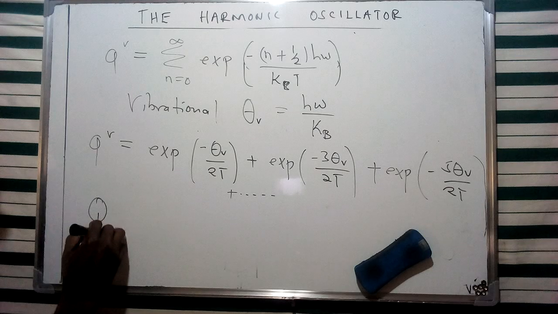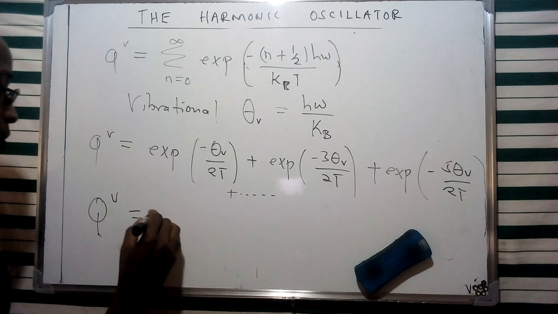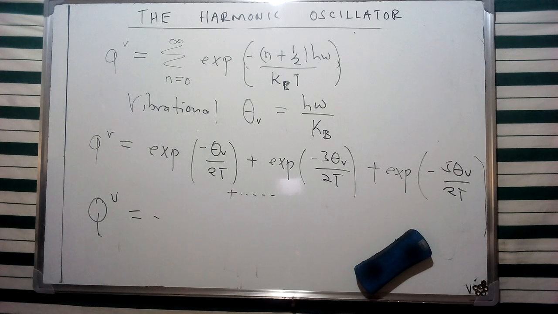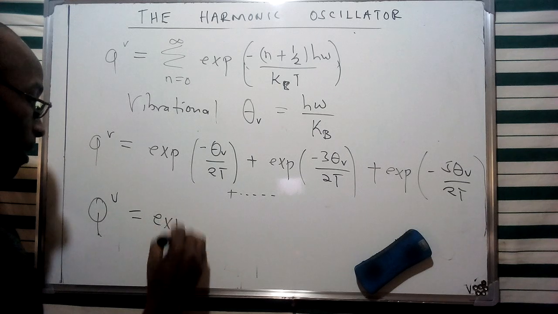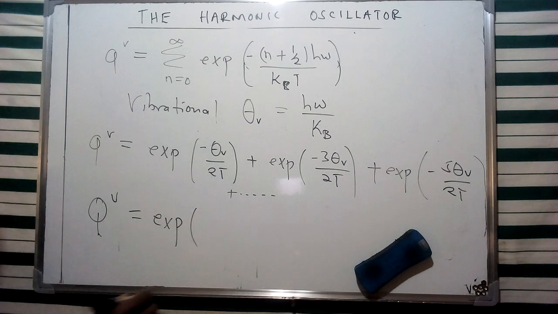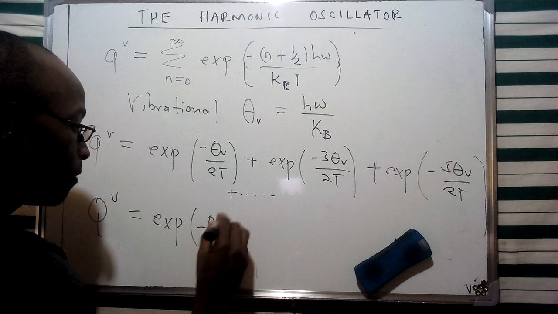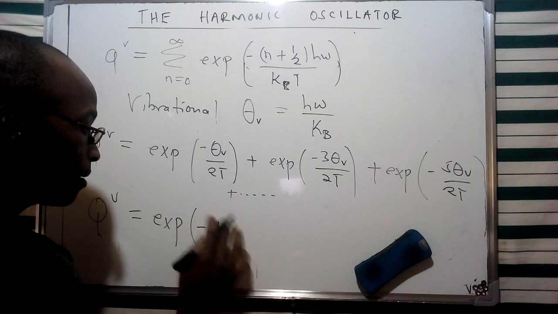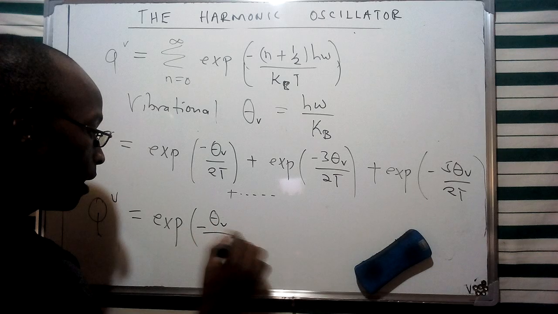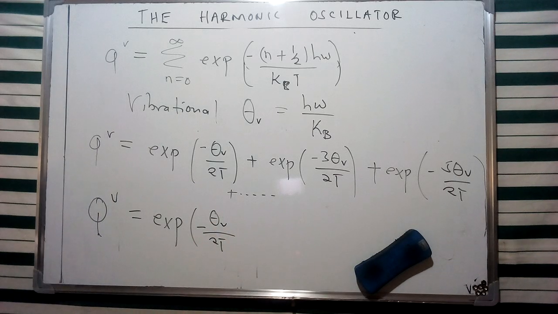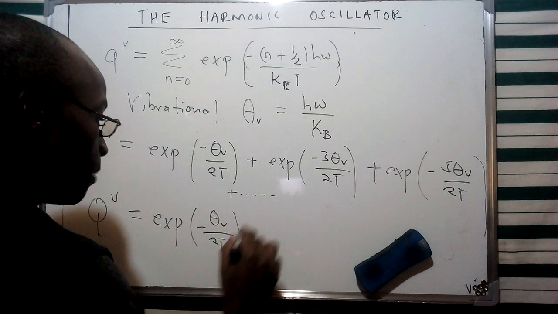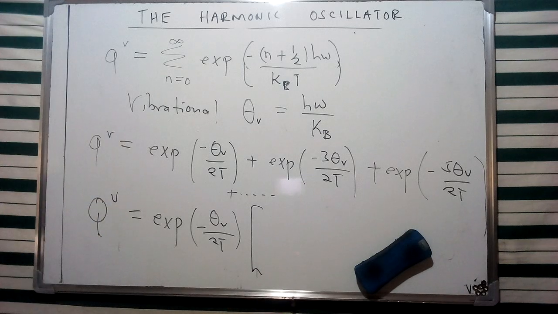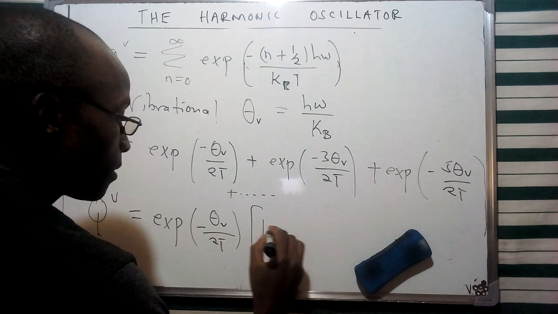Therefore, if I give that in form of a representation, we're going to have a common factor factored out, given the exponential over negative theta V all over 2T, and then I'm going to have these other various ranges of expression given plus.